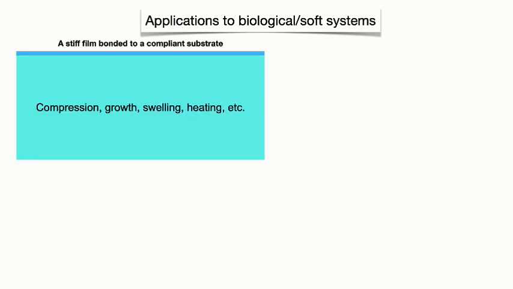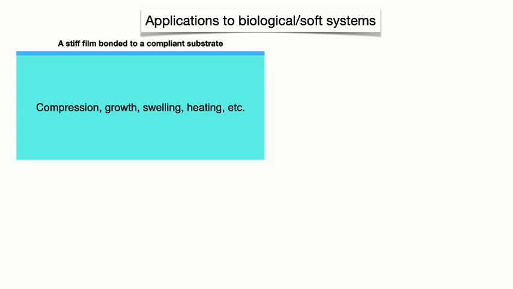we want to apply this to biological or soft systems. The previous example is for classical, hard materials, where the strain is very small, less than 1%. But for soft materials, there is a long-standing, typical model: a film bonded to a substrate, especially where the film is very stiff and the substrate is very compliant.